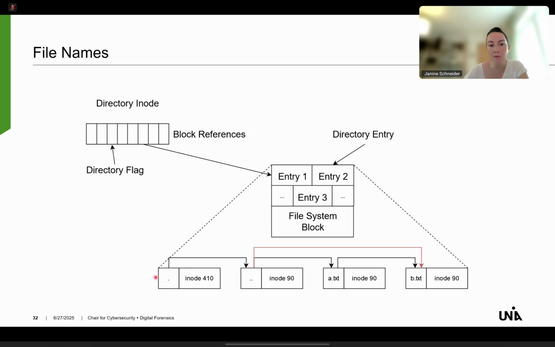So the name of that directory is dot, and we have a reference to a certain block. And then we have a pointer to the next entry, which is dot dot, and the reference again. Then we have a pointer to the next entry, and so on.